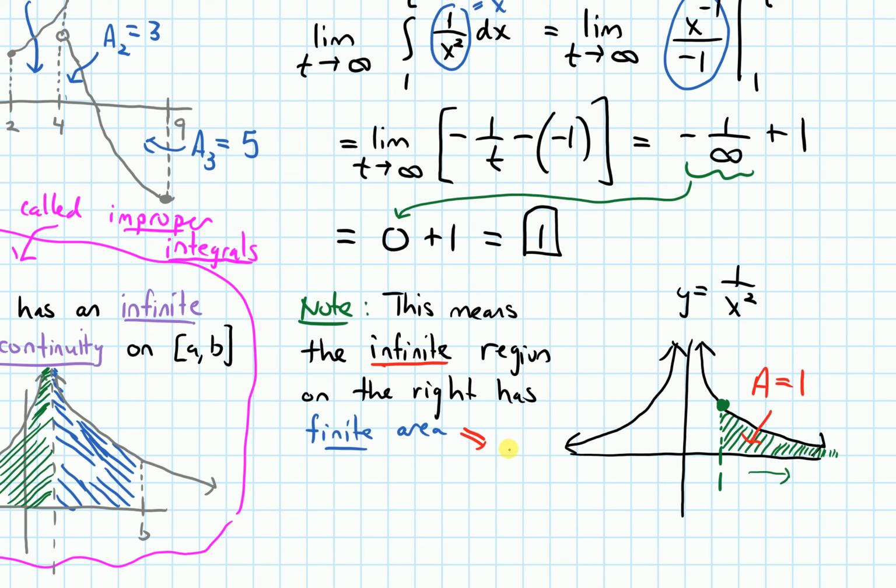And that's a little bit bizarre. It can take a while to wrap our heads around that. The fact that this region is somehow infinitely large, but its area is finite. So with infinity, there are weird things that can happen like this that defy our initial intuition. So there are many other examples of this in math where weird things happen with infinities. We're just going to scratch the surface here.